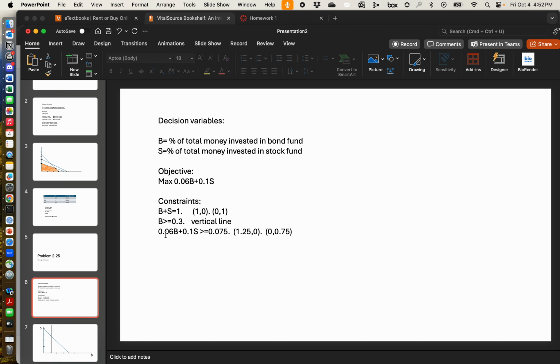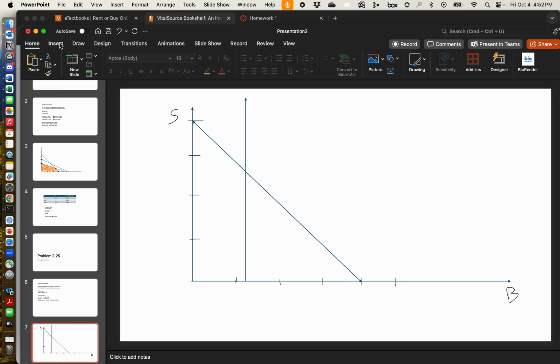And finally, you have 0.06b plus 0.01s is greater than or equal to 0.075. Again, if I plug in 0, 0, this won't be satisfied. So whatever line I draw, it will be away from the origin. So 1.25 and 0.75.